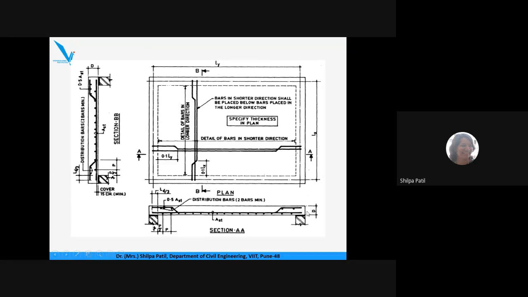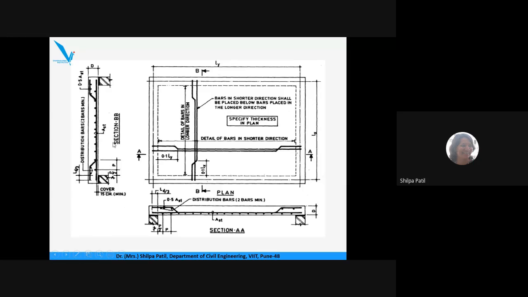This is the reinforcement in the tension zone, and 50% of the bars are bent and provided in the compression zone. All these distances and the area, everything is given in this diagram. So this is the cross section detail along the shorter direction. Understanding this diagram is also important.